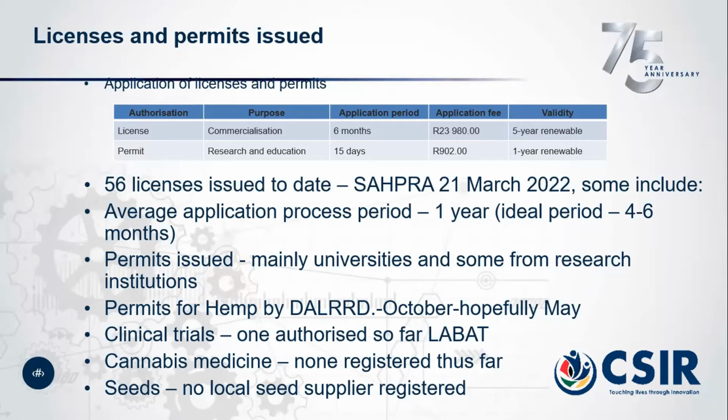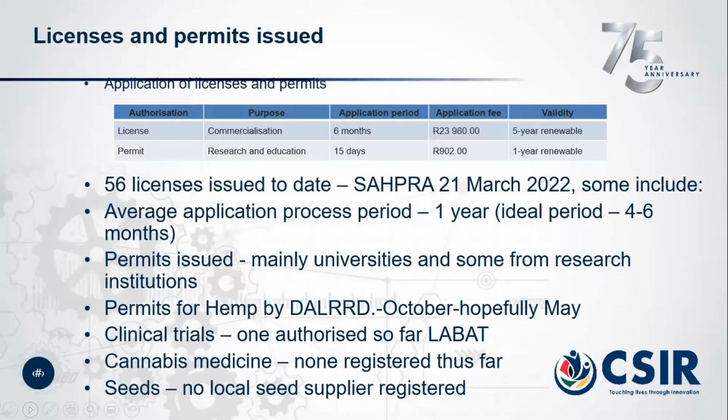The people started applying, but we're very hopeful that most of these permits will be out by May, because they had to do a lot of due diligence. And you must understand that SAHPRA was the one issuing these permits on hemp, but now they've transferred it to the Department of Agriculture, so they have to put their ducks in place to get it right. But we're hopeful that farmers should start getting their permits around May, latest June, because you don't want to miss the next planting season. And they need to plan also.